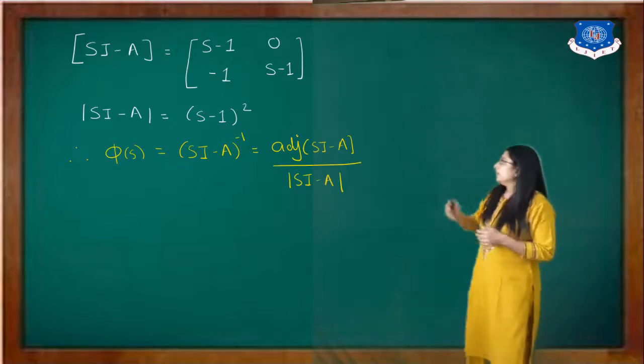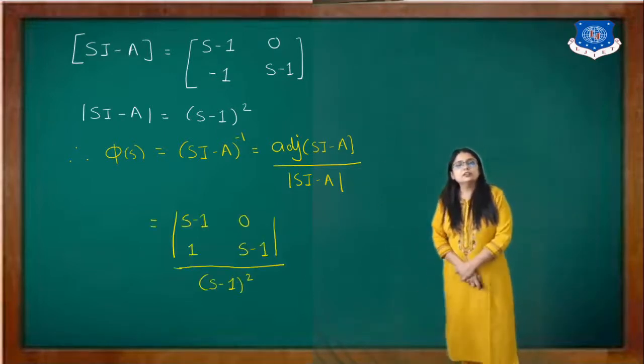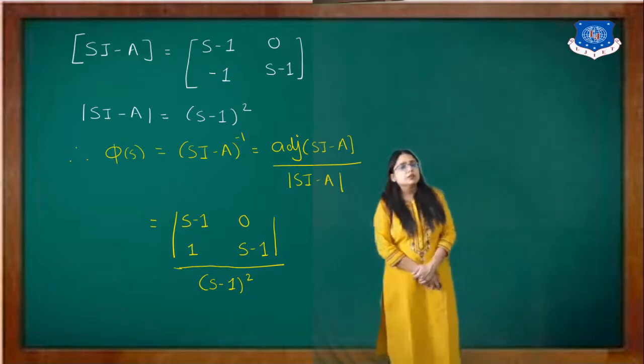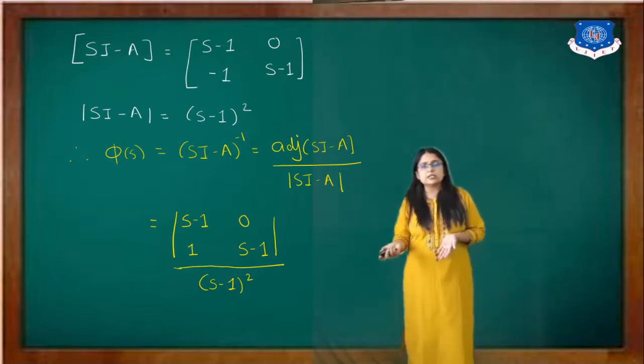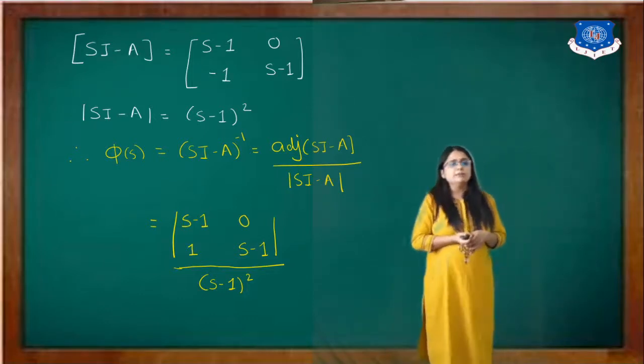We know very well: we interchange these two diagonal elements and change the sign of the others. So here s minus 1 stays the same, and we interchange the sign, so the minus 1 will become plus 1.